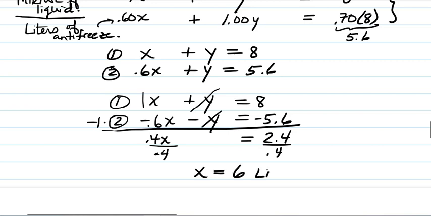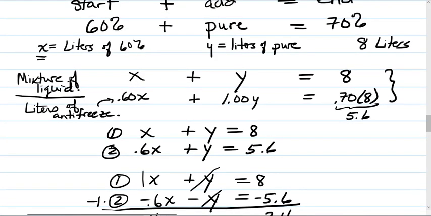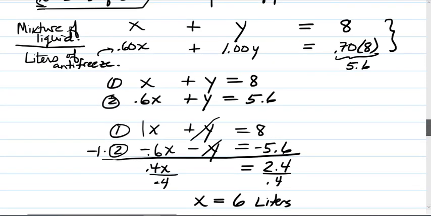So x equals 6 liters. Remember, we said that x was the liters of 60% solution. So we just found that we need 6 liters of the 60% solution.